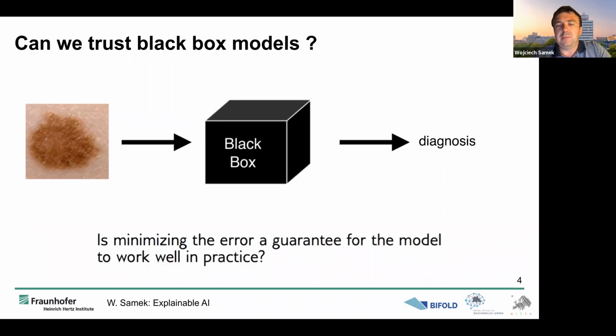Is minimizing the error in your training phase a guarantee for the model to work well in practice? Does it really do something meaningful? If you can't understand what the model is doing, you cannot really verify it. Therefore, there is a huge need for methods giving you additional insights, explaining what the models are doing, how they solve the problems, and so on.